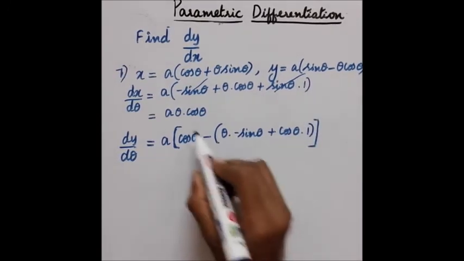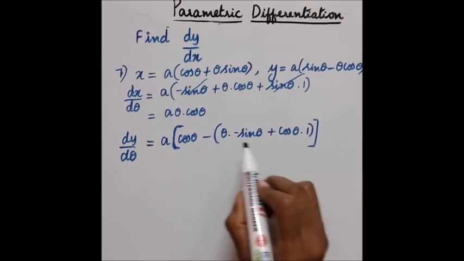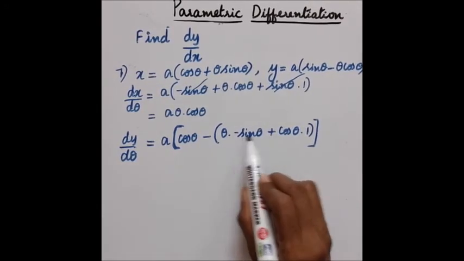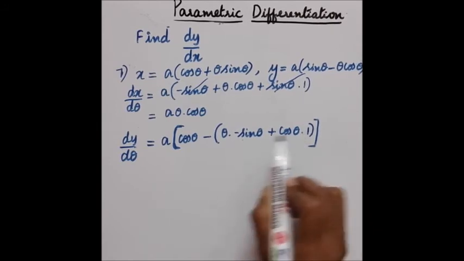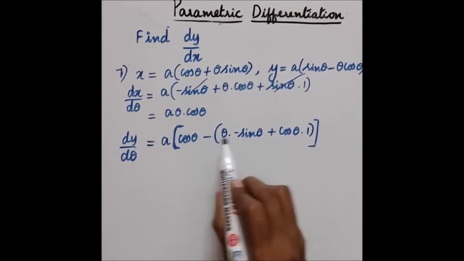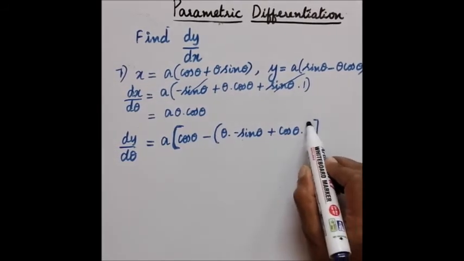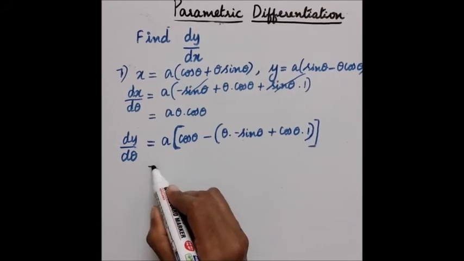See, observe here you need to put the bracket when you use the product rule, because you know in the product rule there are two parts we get, and there is minus sign out, and this minus sign has to be assigned to both the terms. So put the brackets. Okay. So now we will simplify this.